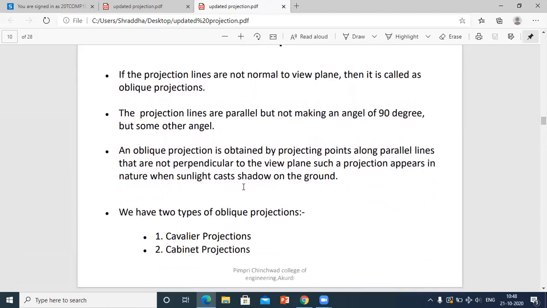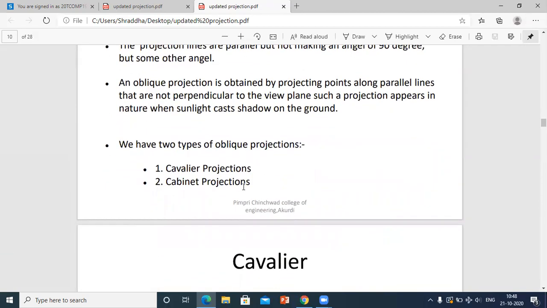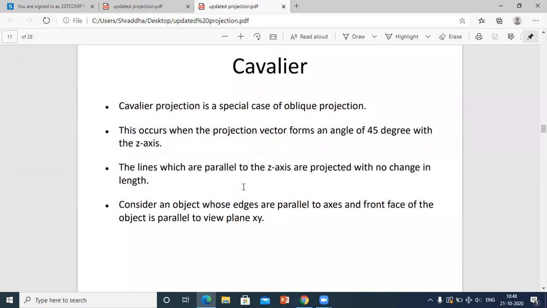Now we have cavalier and cabinet, two types of oblique projections. First one is the cavalier. In the cavalier, we will study what exactly it is, what angle exactly it is forming and how it is being protruded. Cavalier projection is a special case of oblique projection.